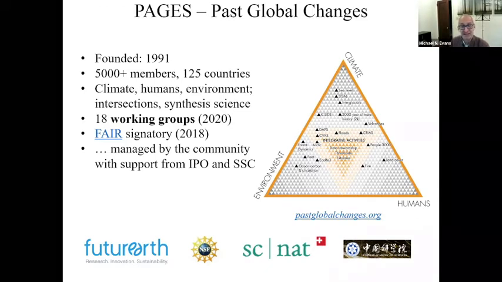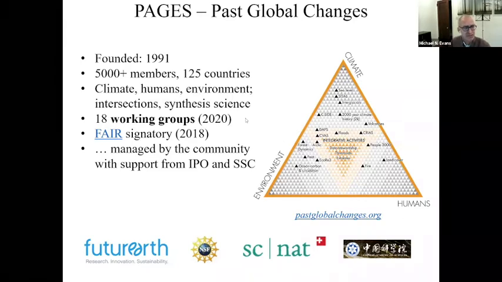Currently, PAGES is organized around what's called the PAGES triangle, the intersection between climate, humans, and the environment. Along that triangle, which could look like a geological quaternary diagram, fall all the various PAGES groups. In the center of this are what we call integrative activities, things that bring these different working groups together in new and exciting sorts of ways.